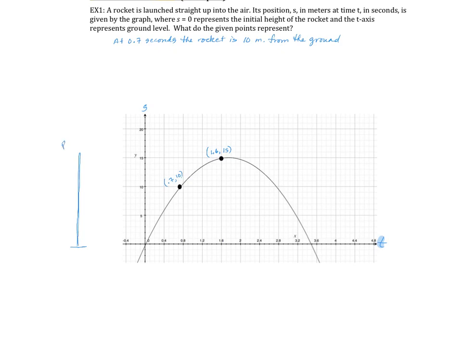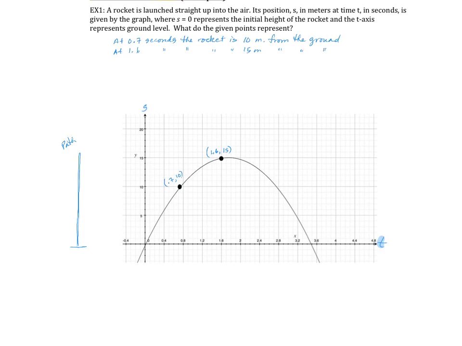This graph just represents the distance from the ground for any time t. And the other point would be the same: at 1.6 seconds, the rocket is 15 meters from the ground.